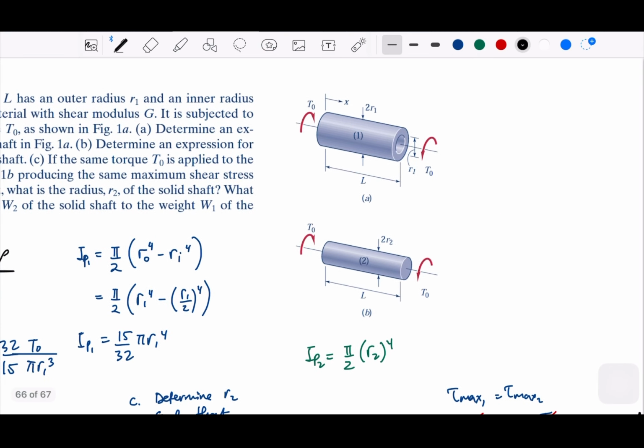We will get the weight 2 over weight 1 is equal to A2 L over A1 L1, the tube formulations.